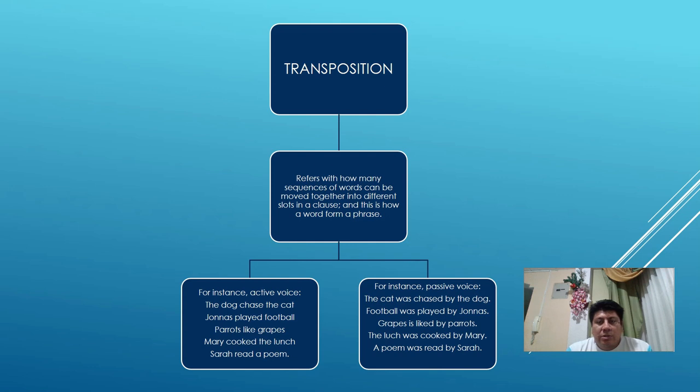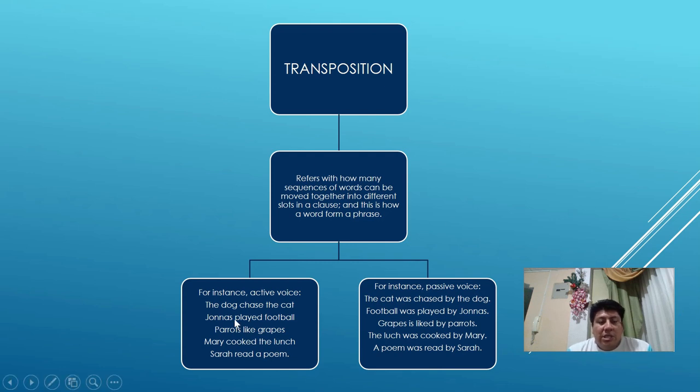This is a classic example where we move the words into different slots and the sentences still have the same meaning. For instance, in passive voice, the dog chased the cat becomes the cat was chased by the dog.